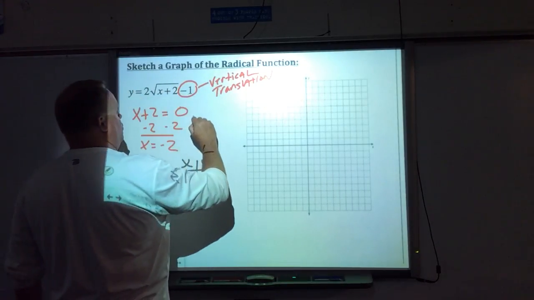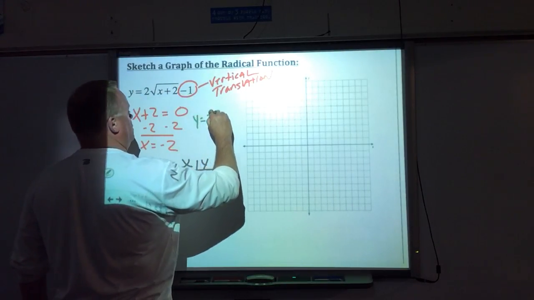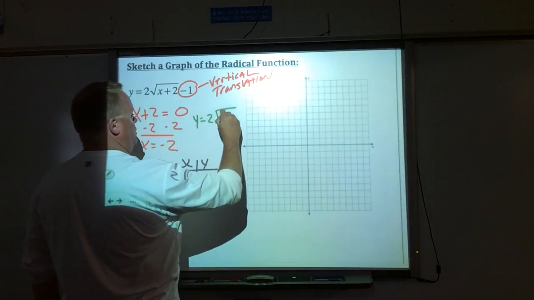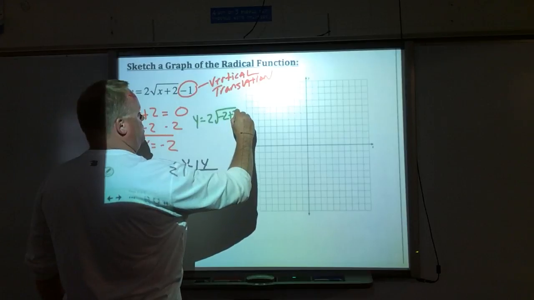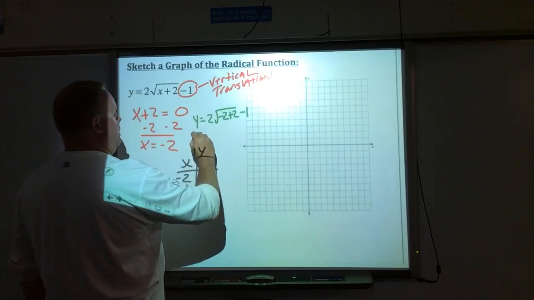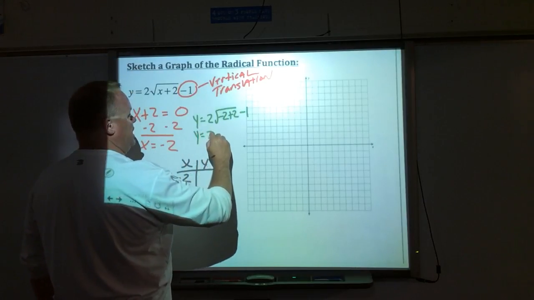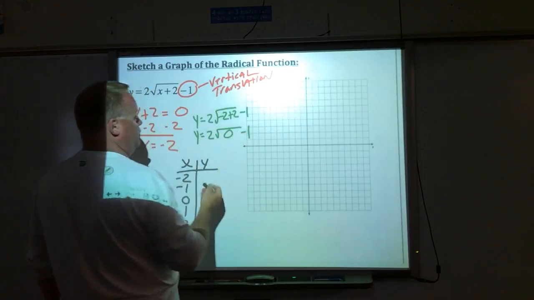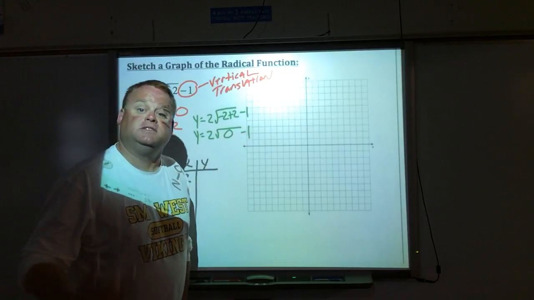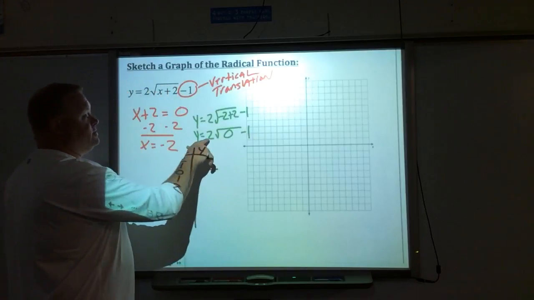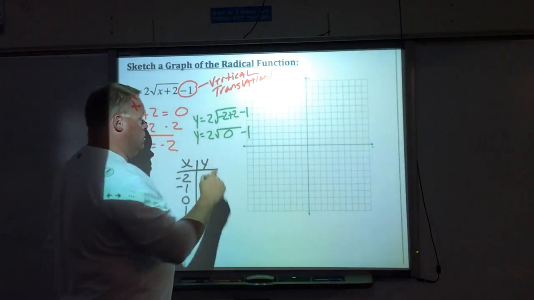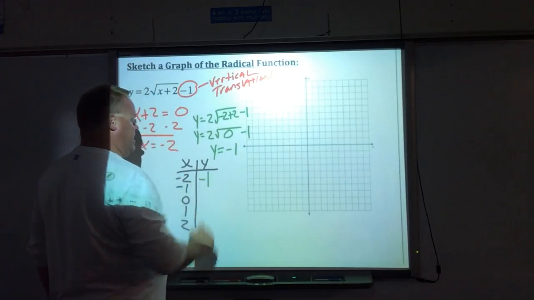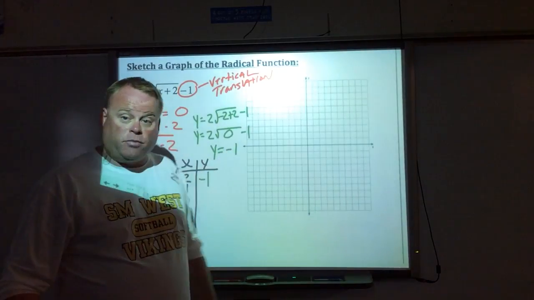So I have y is equal to 2 times the square root of negative 2 plus 2, minus 1. Well, y is equal to 2 times the square root of 0, minus 1. What's the square root of 0? 0. What is 0 times 2? 0. So y is equal to negative 1.